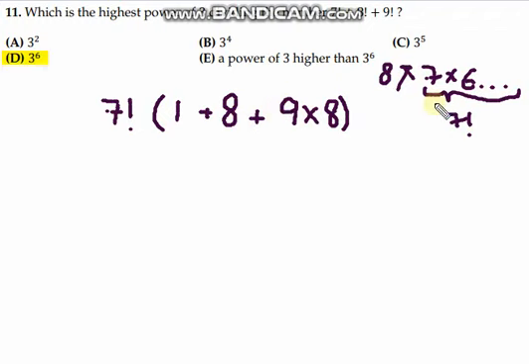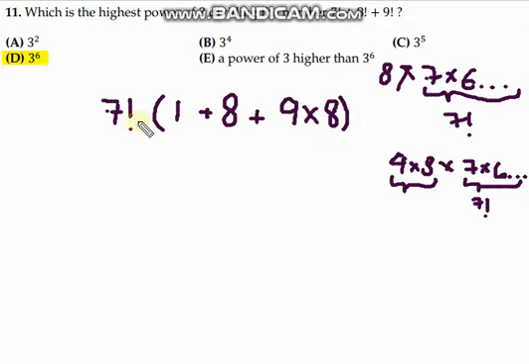Now when I have 9 factorial, that is actually 9 into 8 multiplied by 7 multiplied by 6 and so on. Now this is the same as 7 factorial. So this is what has to remain in place of 9 factorial inside the bracket when I take 7 factorial common. Right? So this being settled, let's solve further.